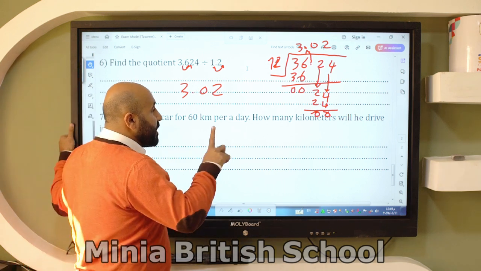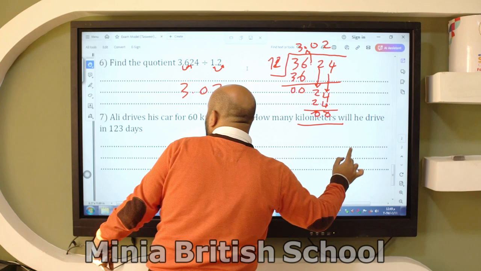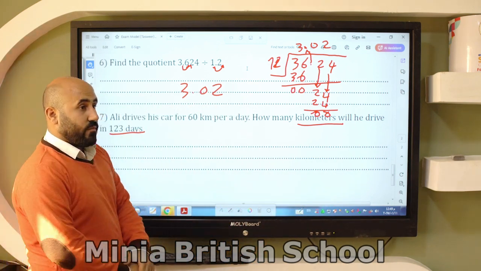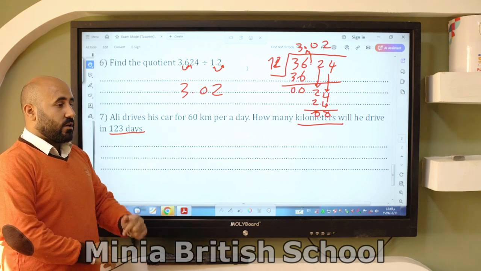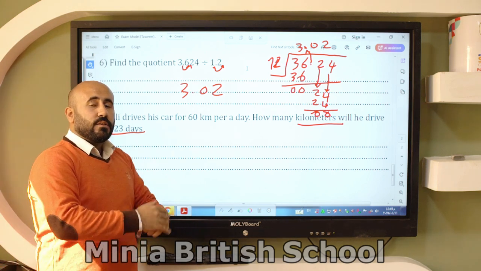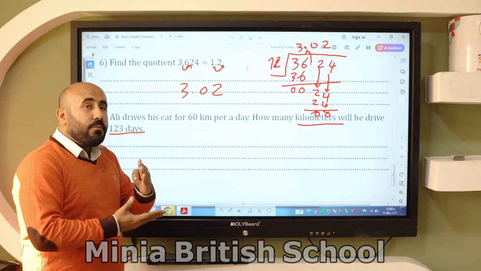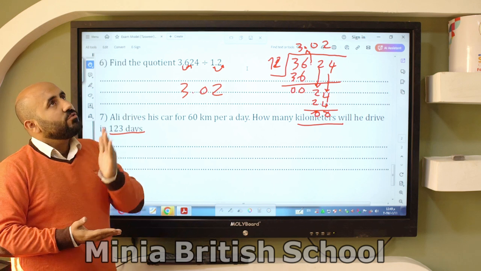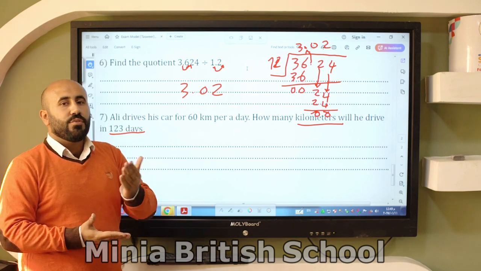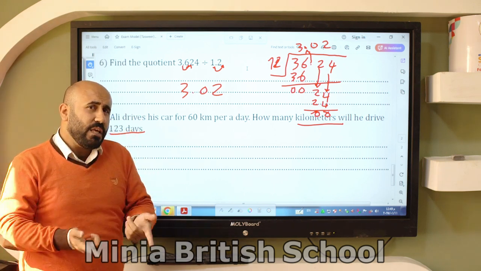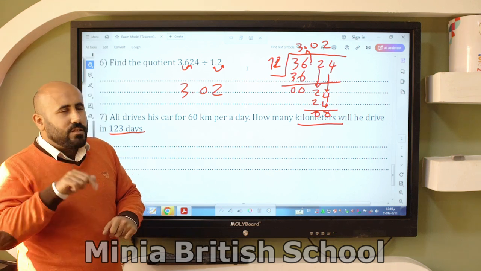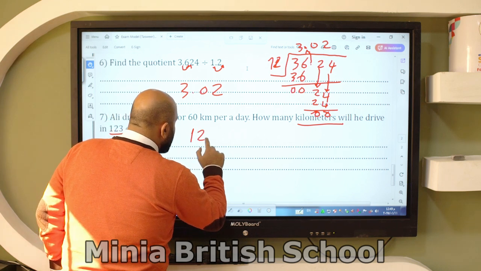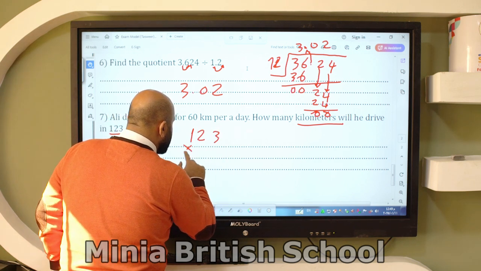Okay? Ali drives his car for 60 kilometers per day. How many kilometers will he drive in 123 days? The first day, 60 kilometers. The second day, 60 kilometers. And I will repeat the 60 kilometers until I reach 123. And when I say repeat, that means multiplication. So I have 123 times 60.